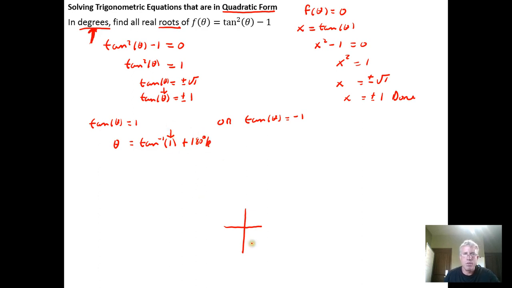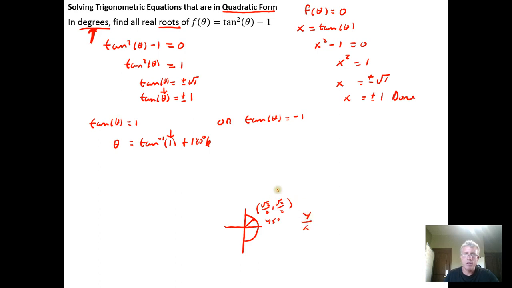And then we go to the unit circle. The tangent inverse only gives us outputs between negative 90 degrees and 90 degrees. So is there a place on the unit circle where the side ratio is equal to 1? There is, because at the 45 degree angle mark, we have the ordered pair root 2 over 2 comma root 2 over 2. And we remember that the tangent function is defined to be the ratio y over x.